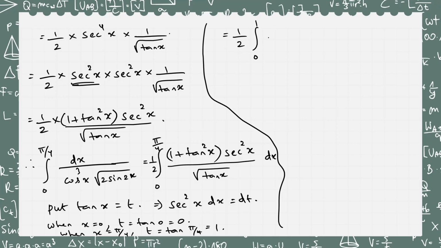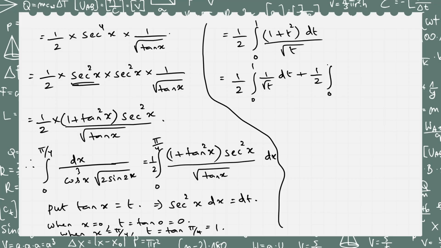1 plus tan square is 1 plus t square, and sec square x dx is dt divided by root of tan x, which is root of t. Now this we can split into two integrals. 1 by 2 integral 0 to 1, 1 by root t dt plus 1 by 2 integral 0 to 1, t square divided by root of t dt.